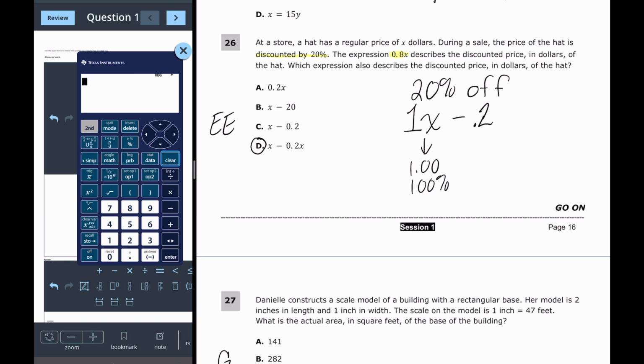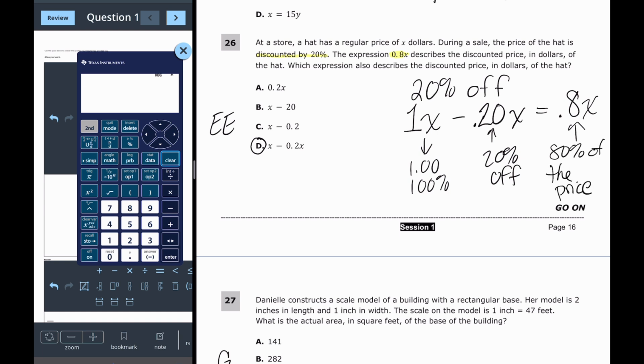Oops, yeah, so 0.2x. This is the same as taking off 20%. And if we just subtracted those, we would get 0.8x, which is the same as 80% of the price.